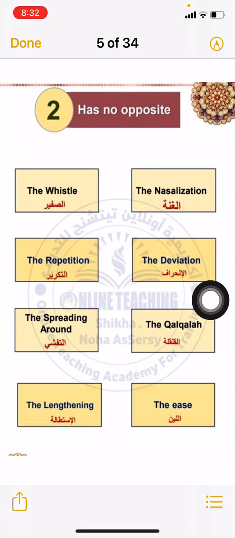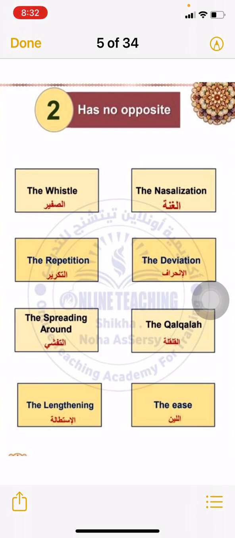The deviation, which is called in Arabic al-inhiraf, means drifting of the sound of the letter due to incomplete running, because it is caused by the tongue turning from its path.